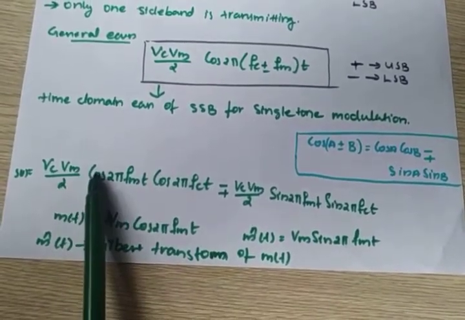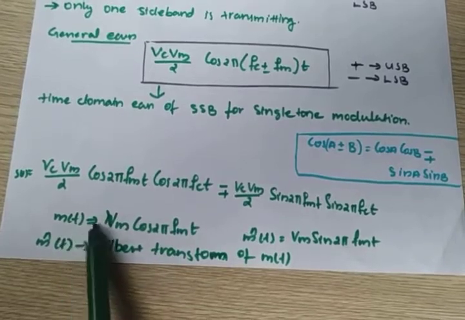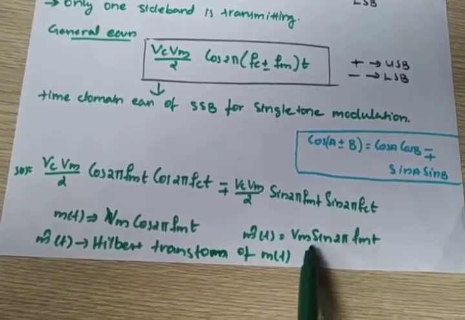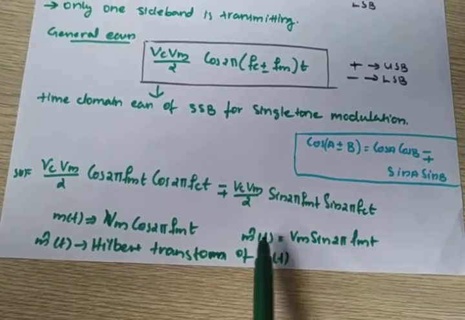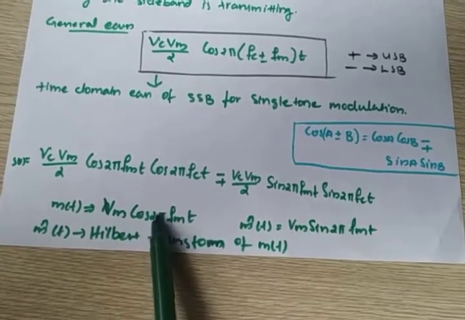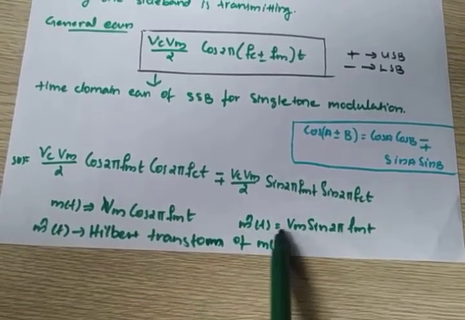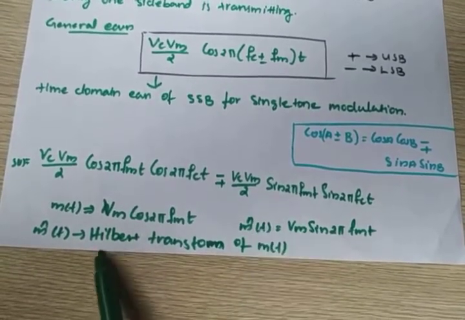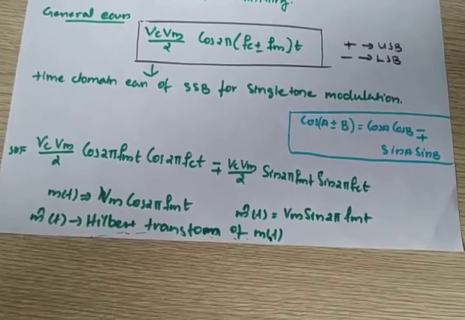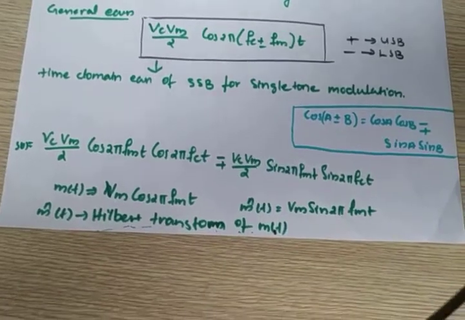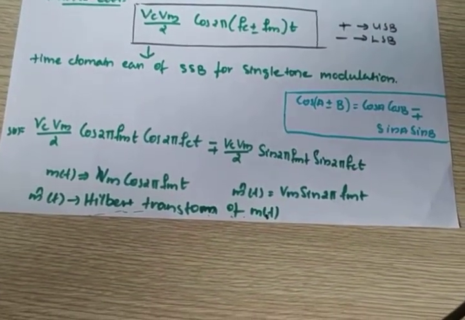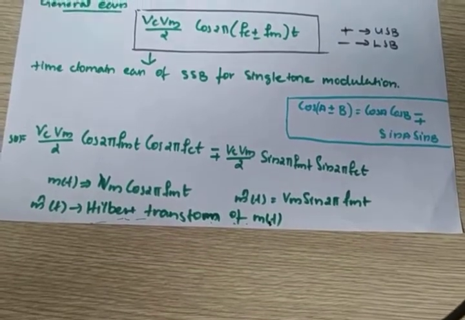Vm sin 2 pi Fm t we call m cap of t, the Hilbert transform of m of t. Hilbert transform means this transform produces a 90-degree phase shift.